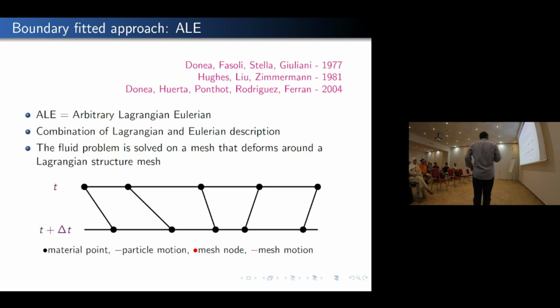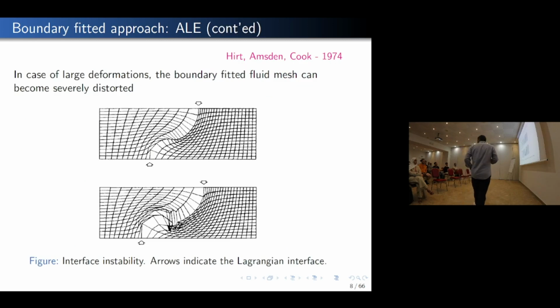Okay? With the 1D example, same example as before, material points and mesh nodes correspond at time instant t. Then the material points move and the mesh nodes move accordingly.